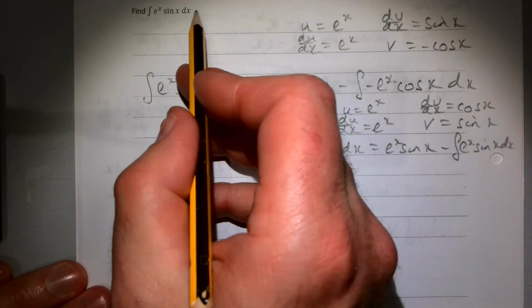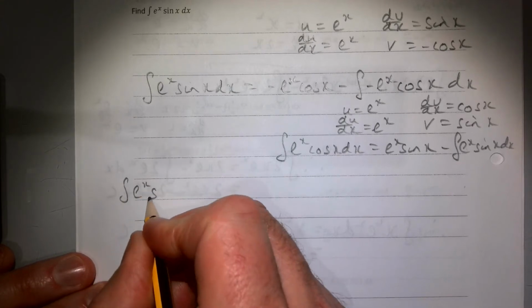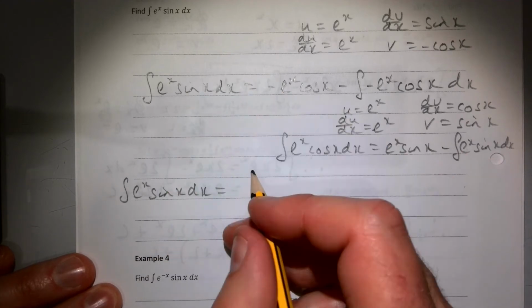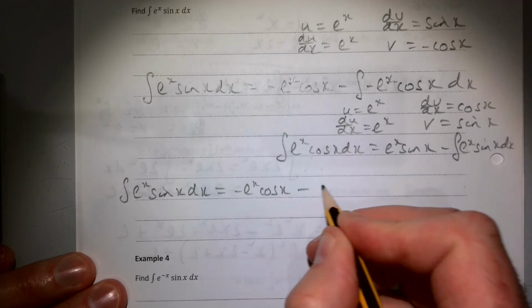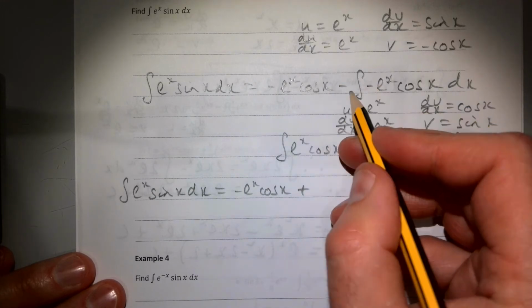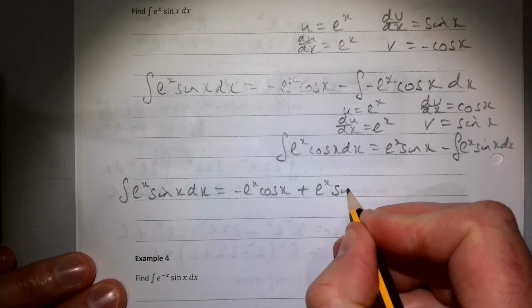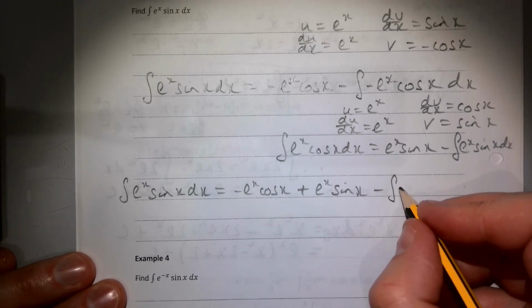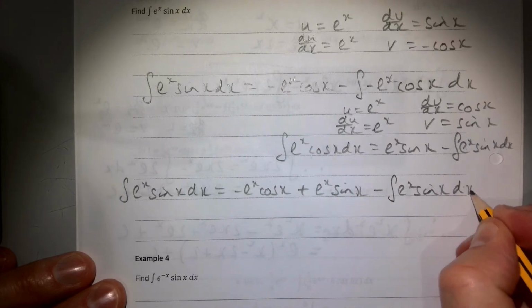So let's put our original question down here. The integral of e to the x sine x dx is equal to minus e to the x cos x, and then because of the minus there, this is the plus, and it's plus this bit here, minus the integral of e to the x sine x dx.